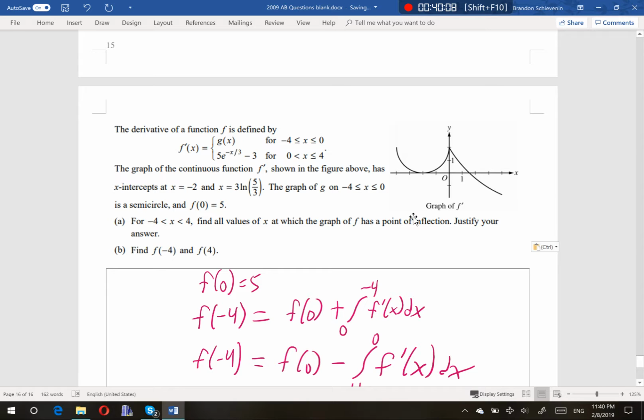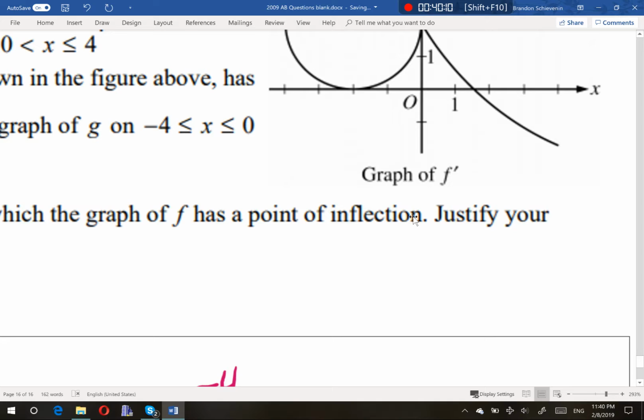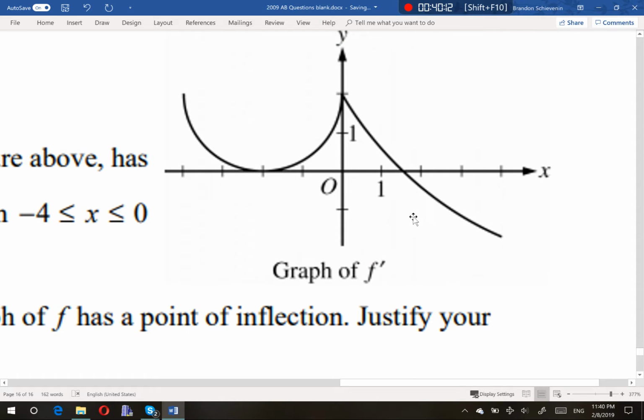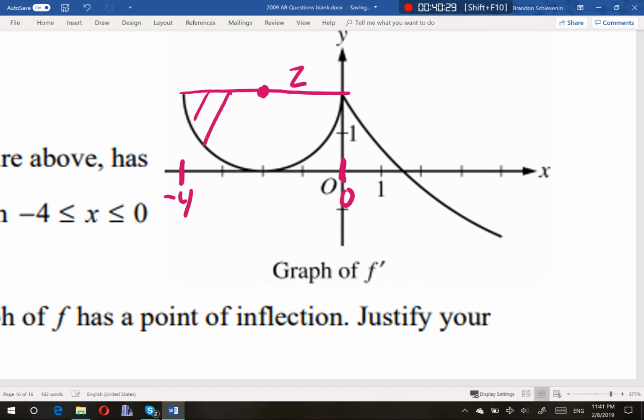Taking a look at our picture really quick, all of this shape forms a semicircle from x equals -4 to x equals 0, with a radius of 2. So how much is this area that I'm shading in red?